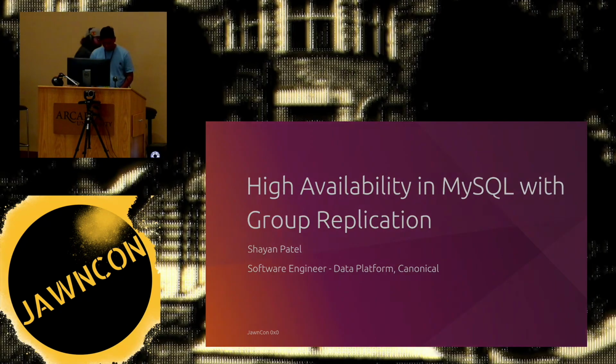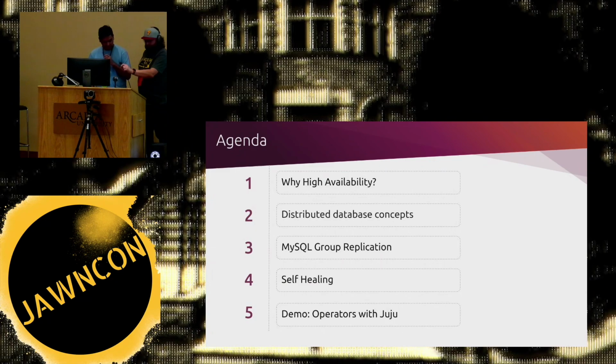To go over today's agenda, I'll be briefly talking about why we need high availability with databases. I'll go over some distributed database concepts. These are necessary to understand what group replication is doing and why some of the design decisions were made for group replication.